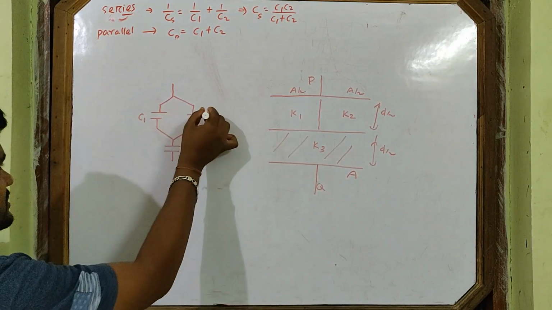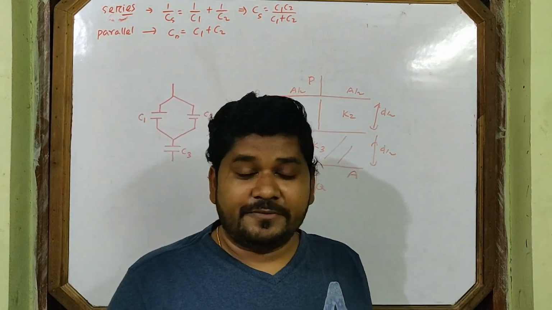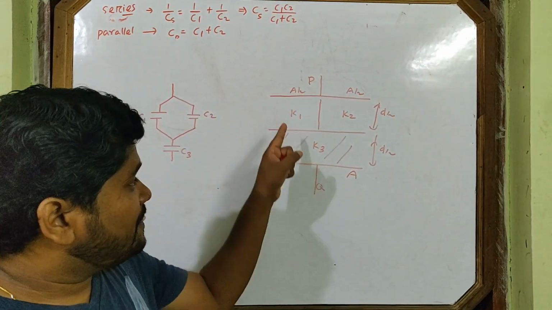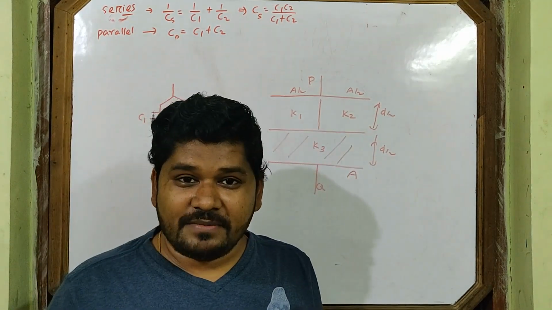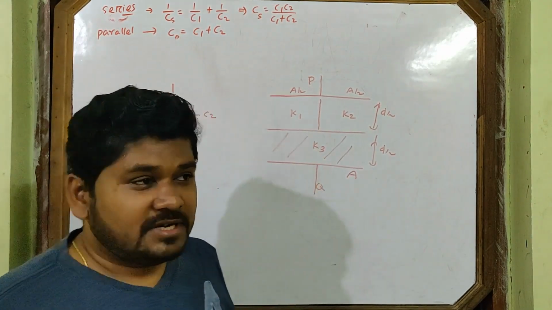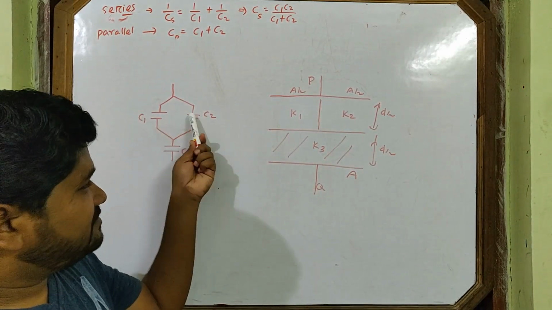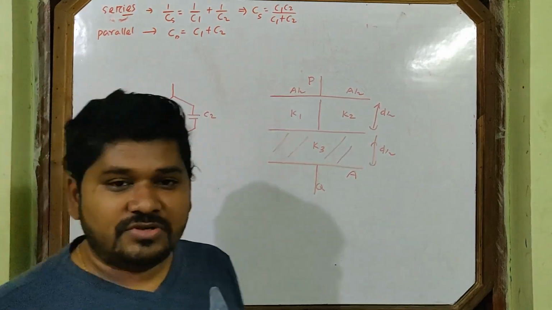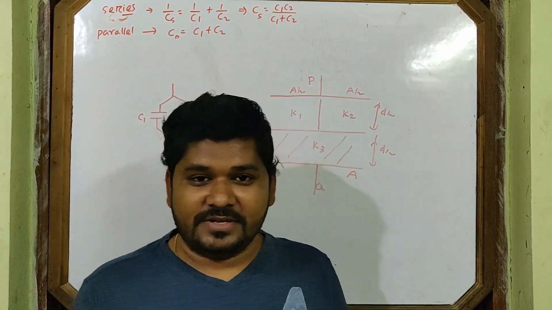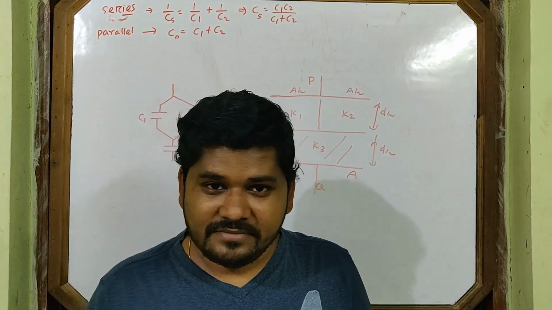This is C1, this is C2, this is C3. But if you want to do it fast, you can use the equivalent dielectric constant formula for these two capacitors. Otherwise, you write C1, C2, C3, first do the parallel ones and find the effective capacitance, then with this you apply the series connection formula. You can do it, no problem.